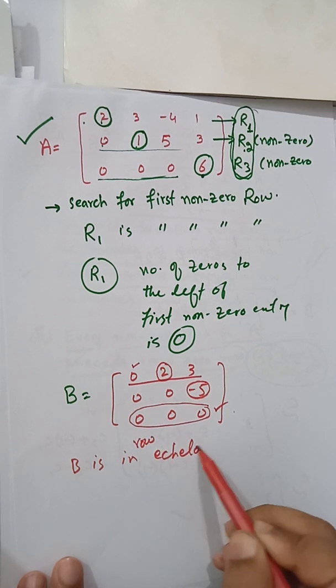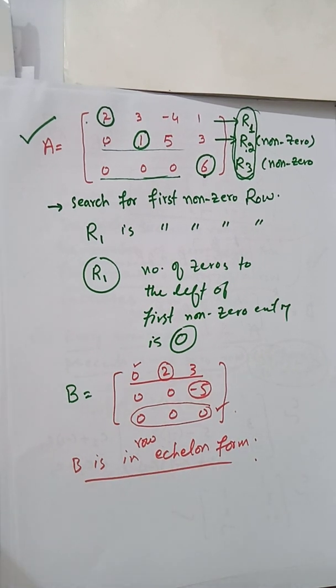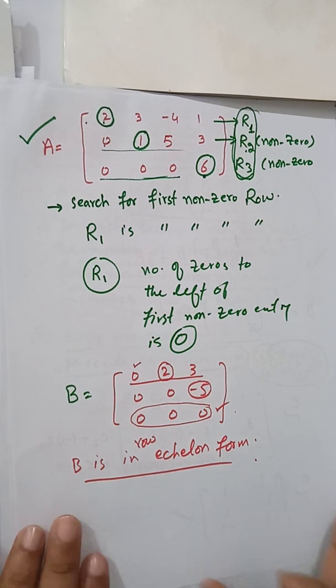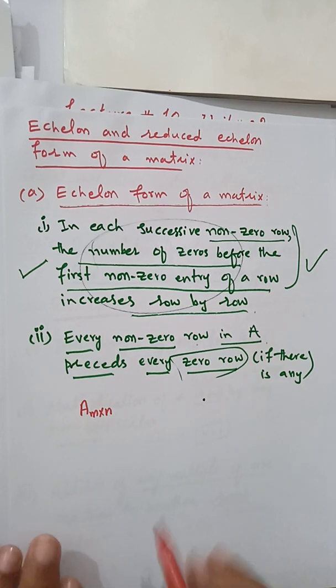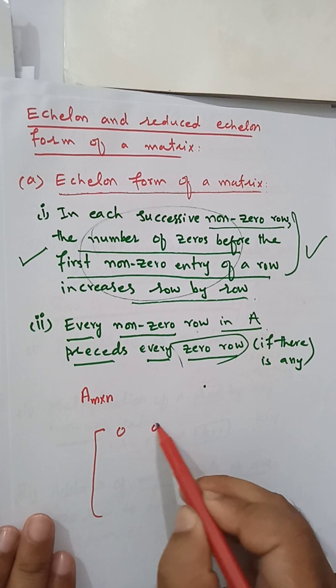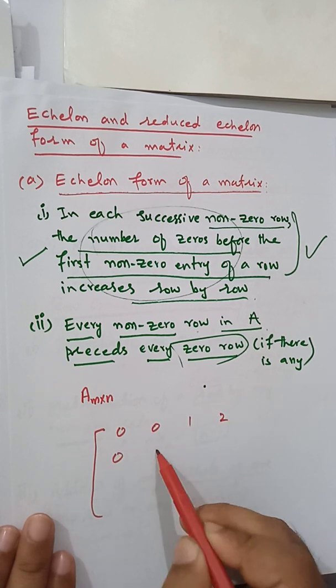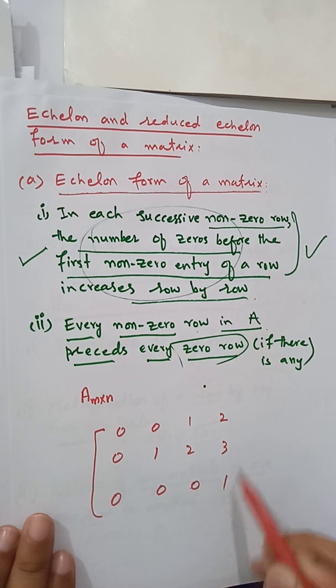This is the way to check whether a matrix is in row echelon form or not. Now I am considering another example to explain the points a little more: 0 0 1 2, 0 1 2 3, 0 0 0 1.